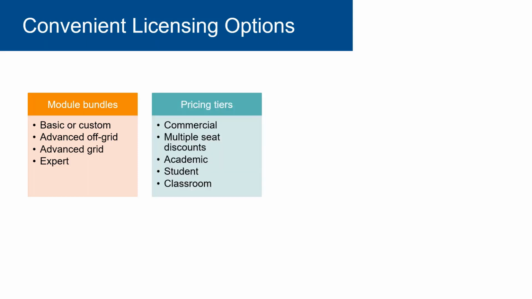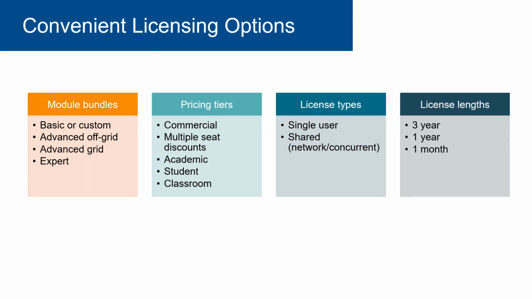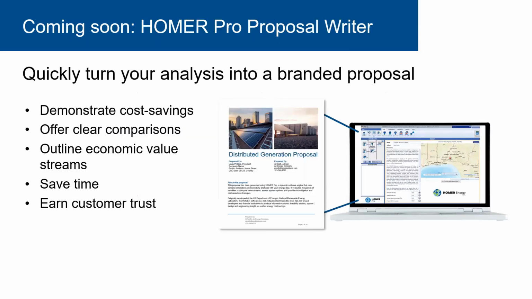We have multiple pricing tiers available, multiple seat discounts, because we want HOMER Pro to be accessible anywhere in the world. Licenses are available either for a single user, or if you have a need to share licenses, we have that available as well. And we also have a range of licensing time spans available from as short as 1 month to as long as 3 years.